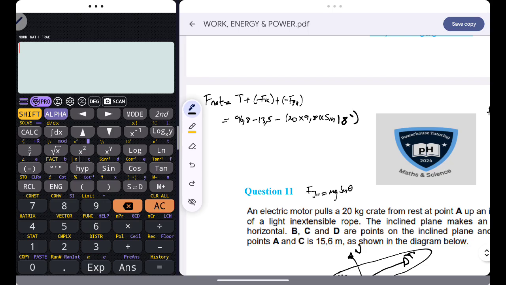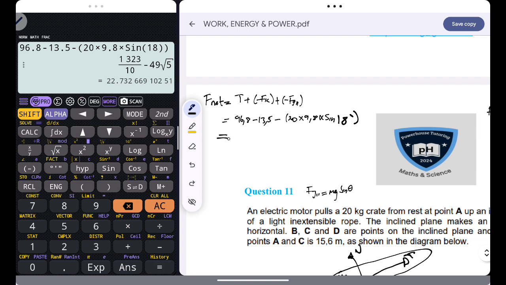What do I get over there? 96.8 minus 13.5 minus 20 times 9.8 times sine of 18 degrees.